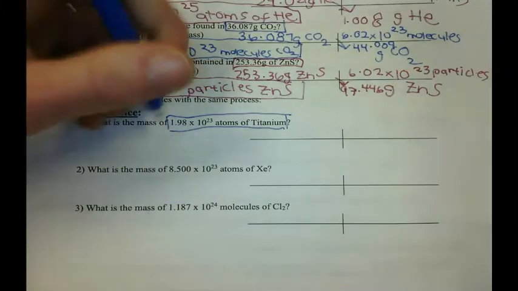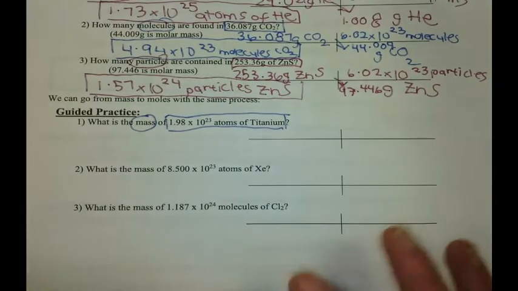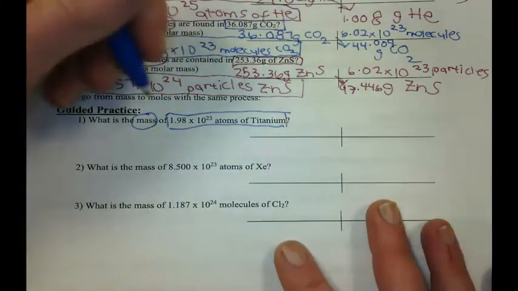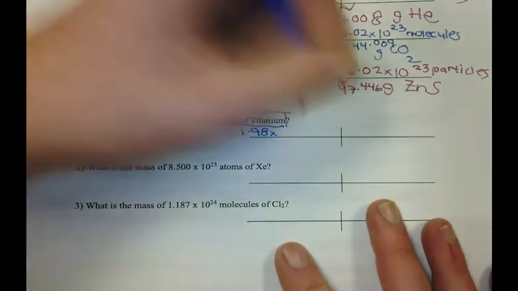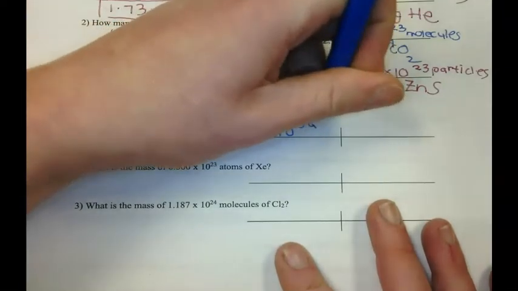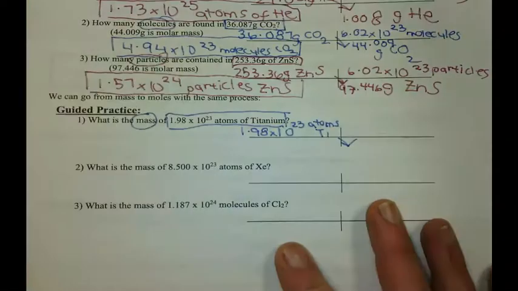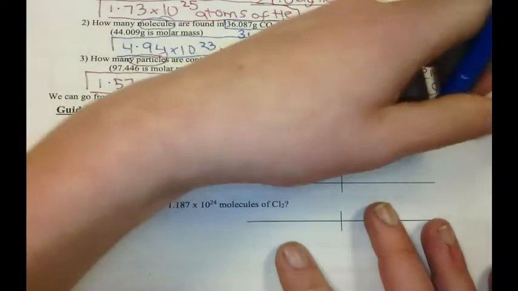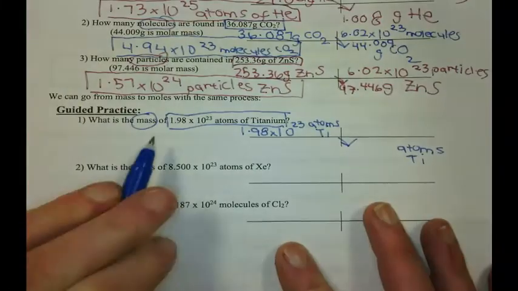And I'm looking for mass. So I'm just starting in a different direction. But if you always write your units, they tell you what to do. So I'm going to write 1.98 times 10 to the 23rd atoms Ti. I'm going to just go down my unit. Atoms Ti. And I'm looking for the mass.